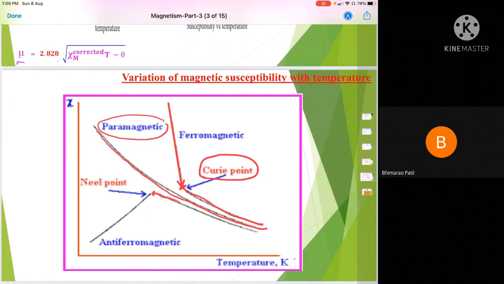Therefore you must remember, antiferromagnetic substances are characterized by the Neel temperature, and ferromagnetic substances are characterized by the Curie temperature.